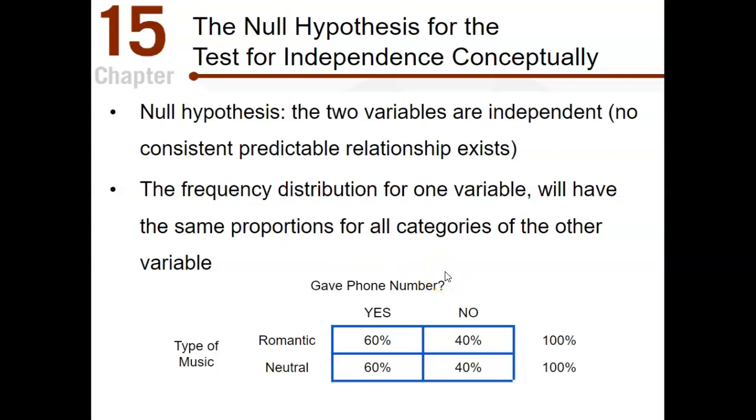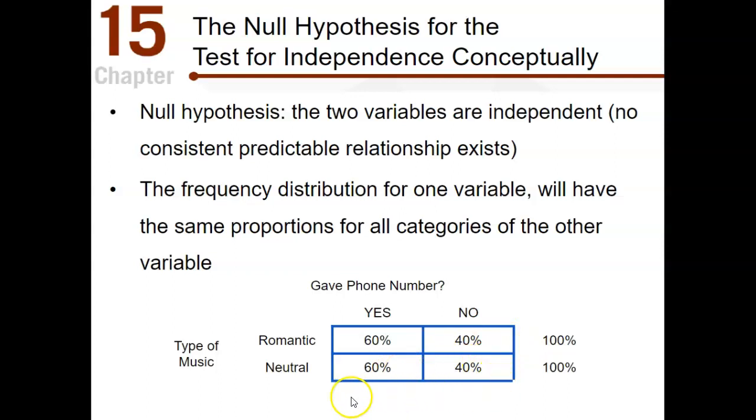We can conceptually think of a test for independence in this way. We can think about it as if we were taking two different samples, a sample of women who listen to romantic music, like in this row, row-wise. We can have 100% of women in this particular sample, so it had a particular distribution.